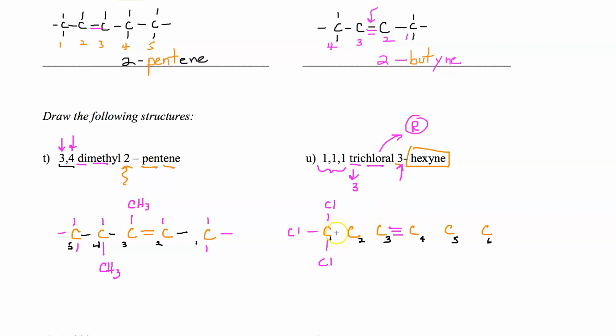Okay, nothing else. Make sure I put bonds between the carbons. Everything else is a single bond. And make sure every carbon has 4 bonds. So this would be an H. This would be an H. Nothing is added here because it has 4 bonds. Nothing is added here. It has 4 bonds. But this has 2 bonds, the 5th carbon. So I need 2 dashes for 2 more H's. And this terminal carbon with 1 bond is a CH3 ending. And that's it. Okay. So cool beans.